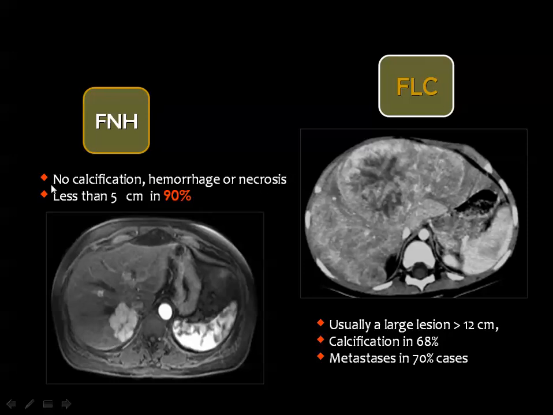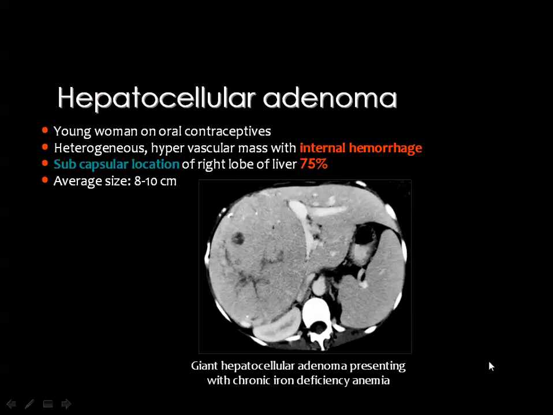The focal nodular hyperplasia does not show calcification or hemorrhage or necrosis, and in 90% of the cases the tumor size is less than 5 centimeter in diameter. But this lesion is usually large. It contains calcium in about 70% of the cases, and it may be associated with other malignant criteria like ascites and metastatic deposits in about 70% of the cases.